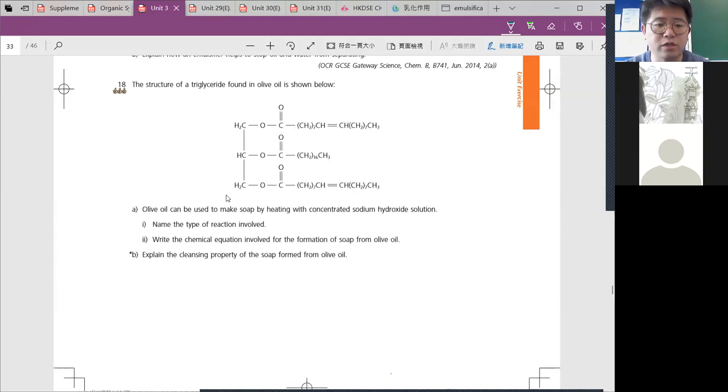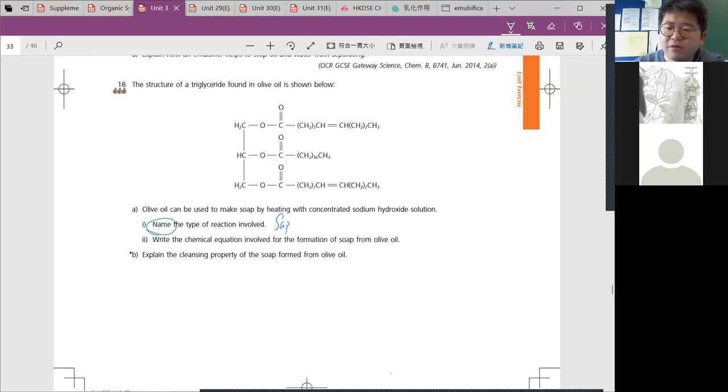So A1. What's that? Olive oil can be used to make soap by heating with concentrated NaOH. Name the type of reaction involved. So you have to make a correct spelling of the word. Can you spell the word correctly?